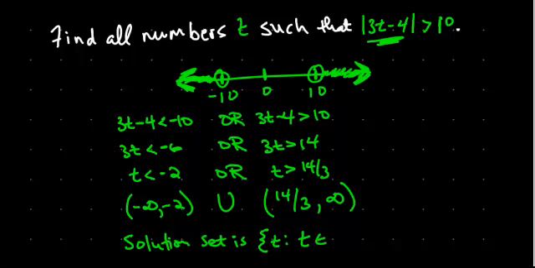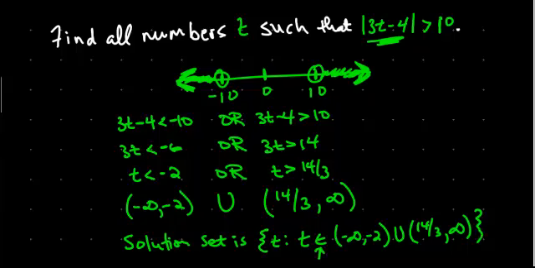So such that t is in the interval -infinity to -2 union 14/3 to infinity. So that's my solution set. All t such that t, and this little symbol here means t is in, this union of intervals here.